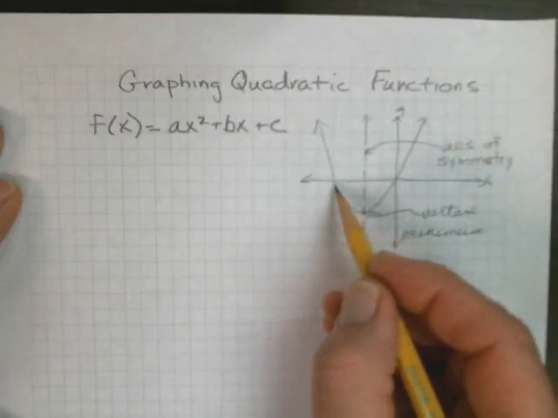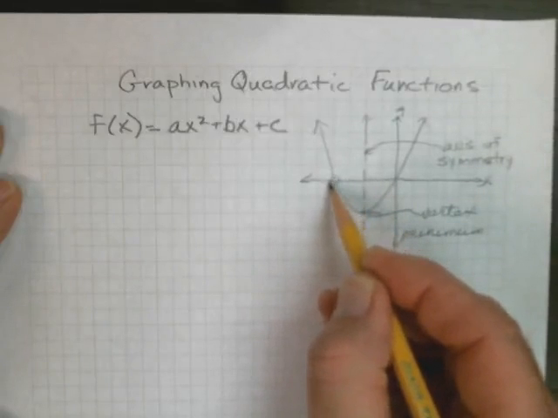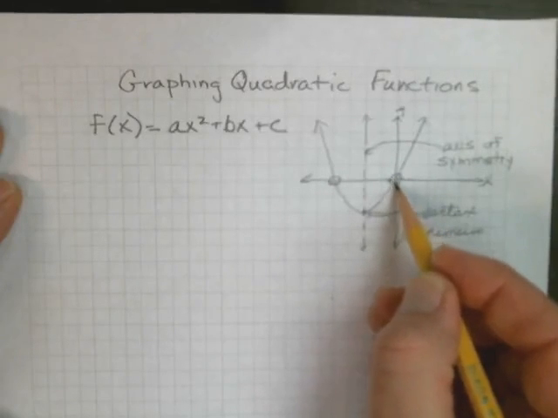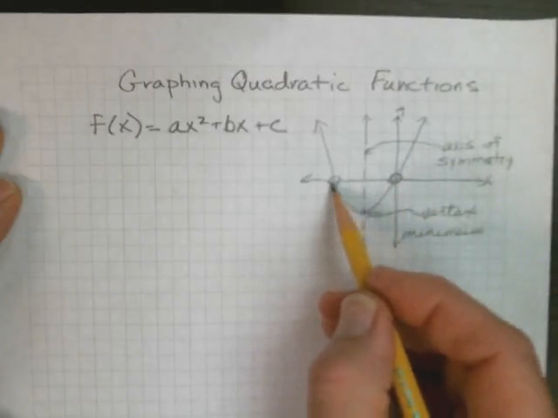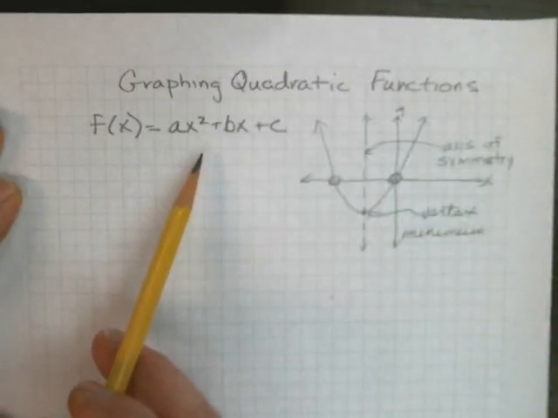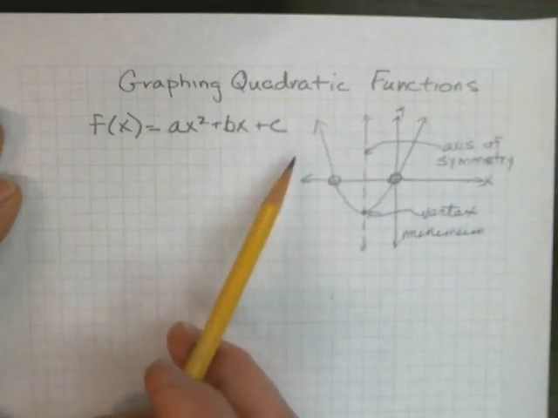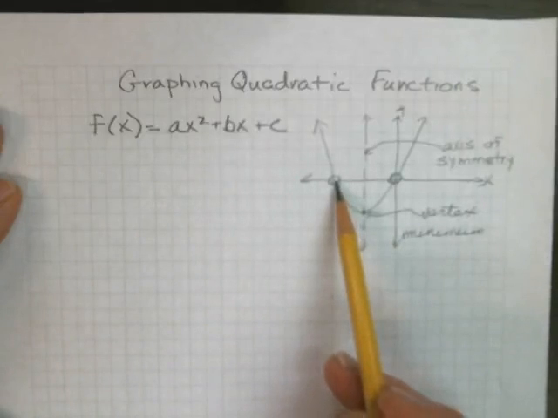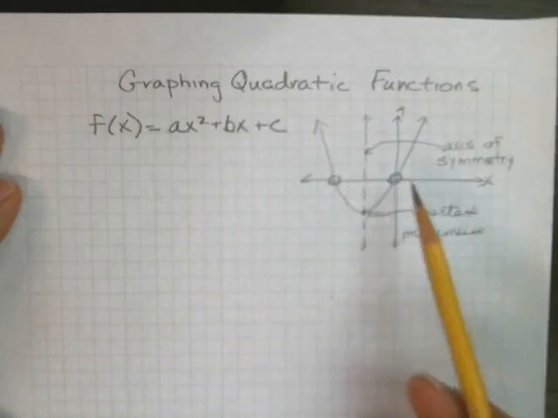By the way, we have these two things here, which are the x-intercepts. Another name for the x-intercepts are the roots. And the roots are actually solving this equation for 0 is equal to ax squared plus bx plus c. Solving that equation for x gives you the roots or the x-intercepts.